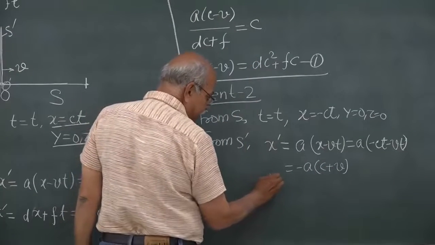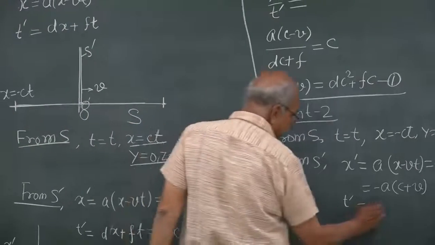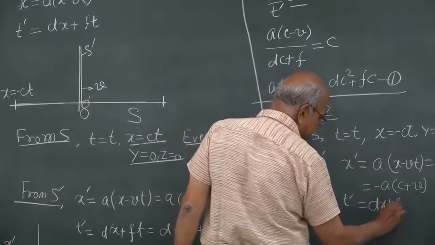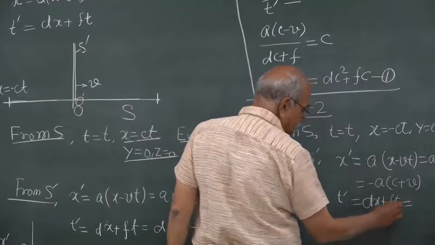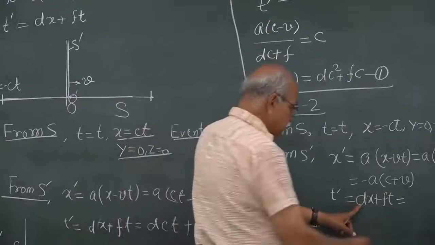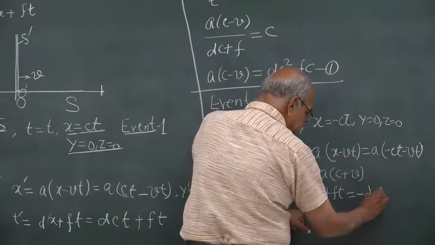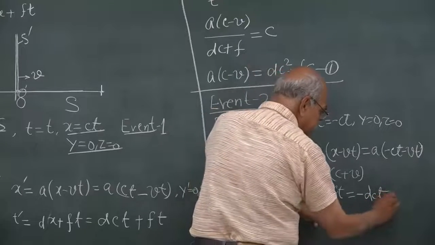And what is t prime? t prime is equal to Dx plus Ft. x is minus ct, so it is minus D c t and plus F t.